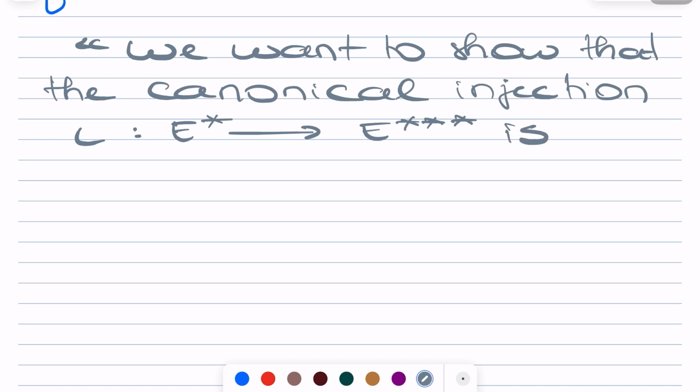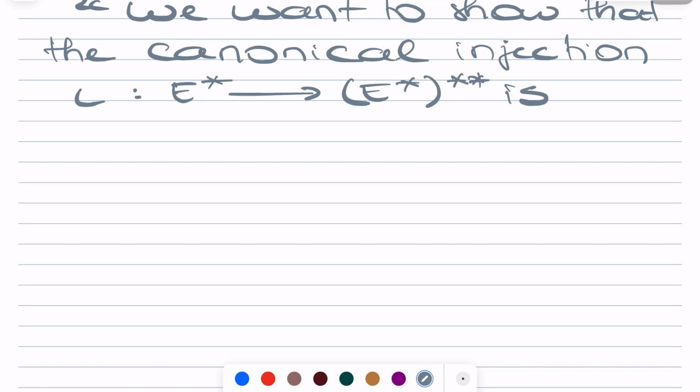So this is what we want to show. Okay, good. So we show surjectivity.